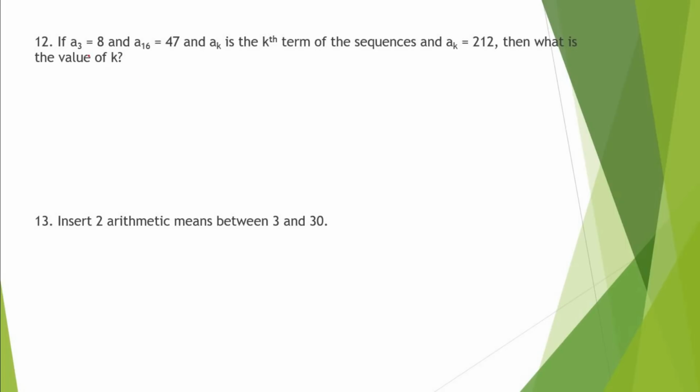Anyway, if we simply write A1, A2, and A3: we know our A3, which is equal to 8. Likewise, we also know our 16th term, which is equal to 47. And our Ak is equal to 212.